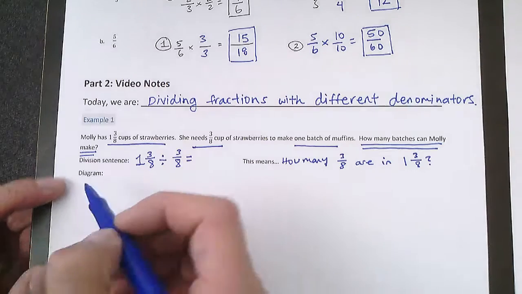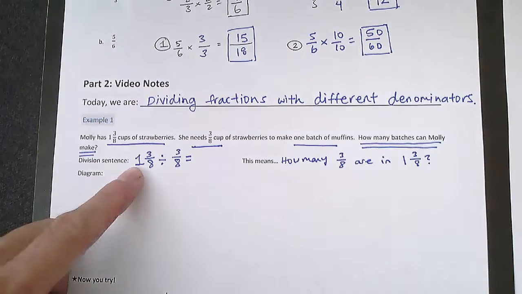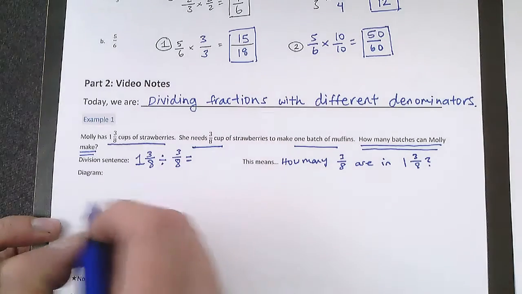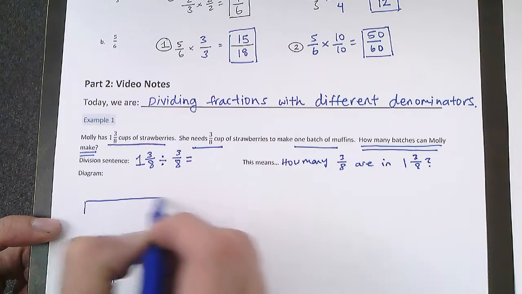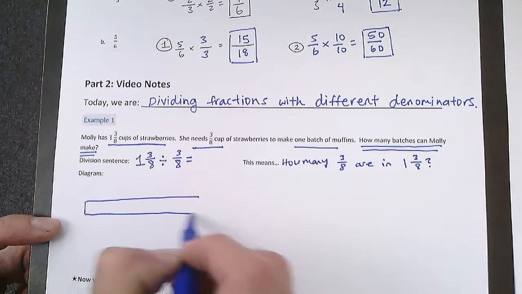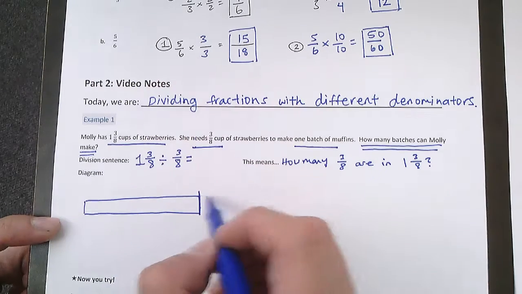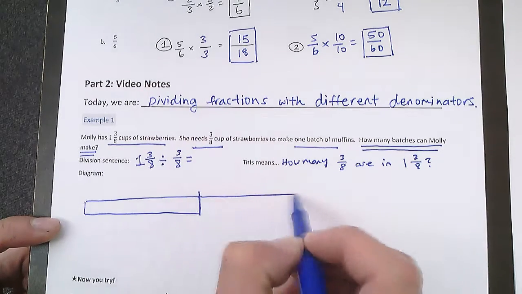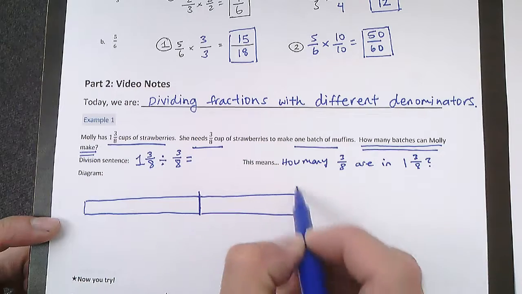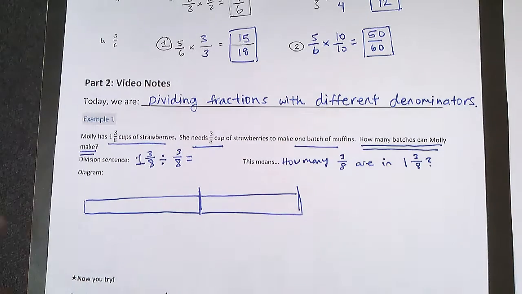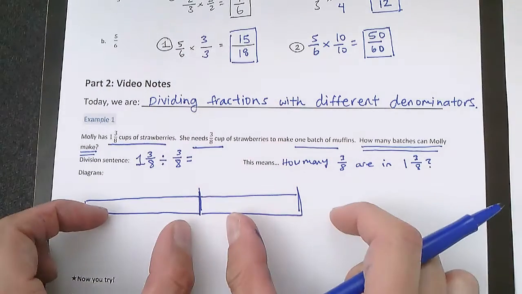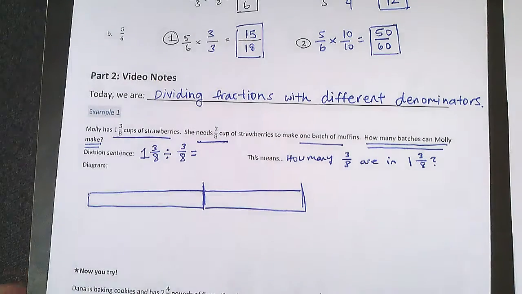Let's draw our diagram here. We're starting with 1 3/8. Draw out 1. There's 1 right here, and then we have 3/8, so we need another 1 after that. So this would be 2 wholes. You could separate these if it's easier for you, but I just like to keep them all together.